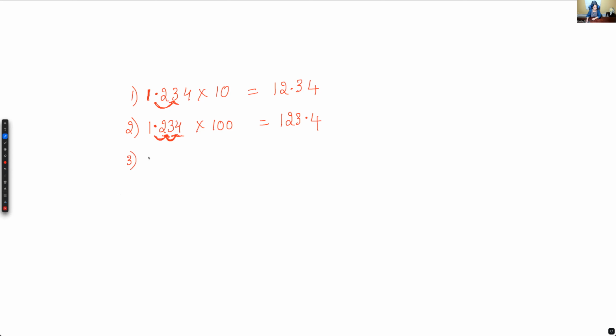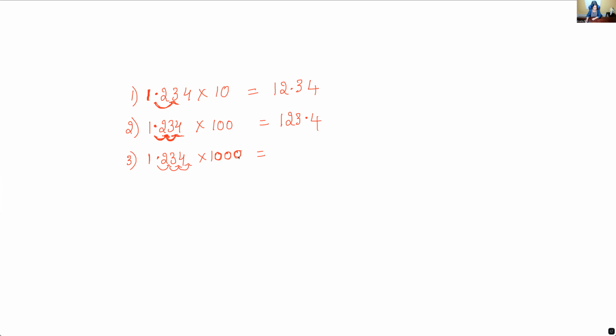Let me do the third example. Like 1.234 when you multiply by 1000. So when you multiply by 1000, because we have three zeros here, we are moving the decimal point three places to the right.